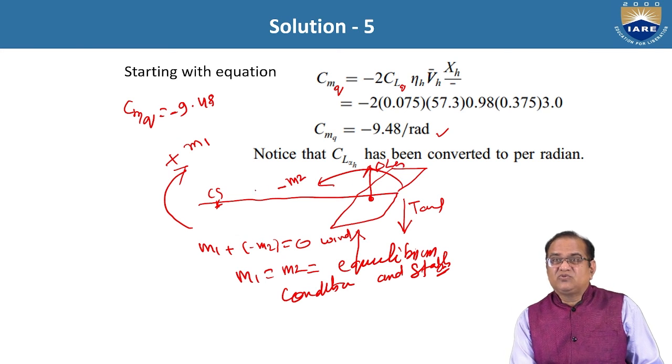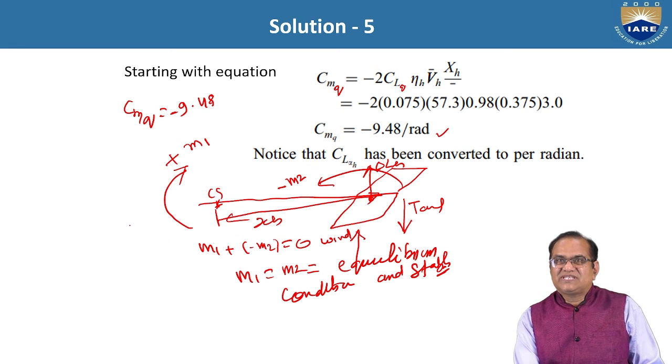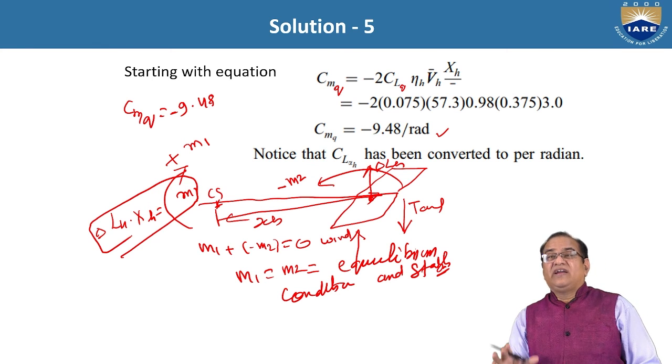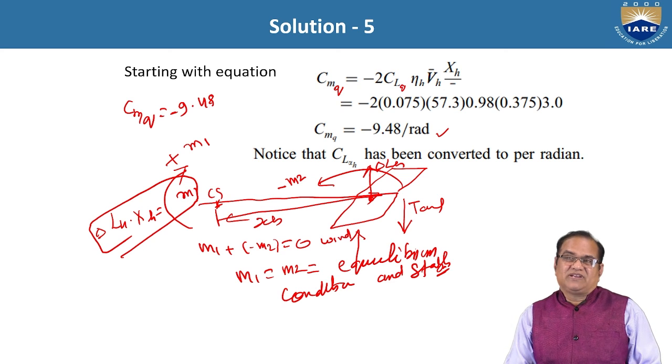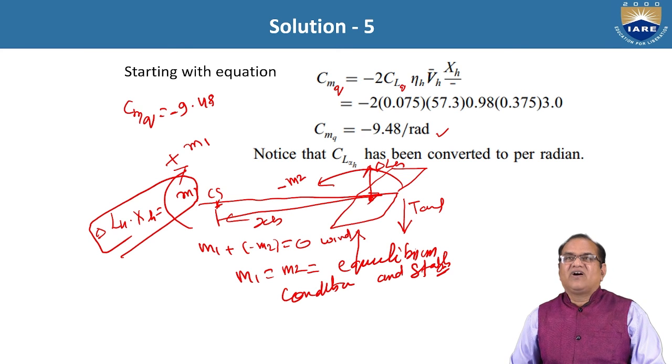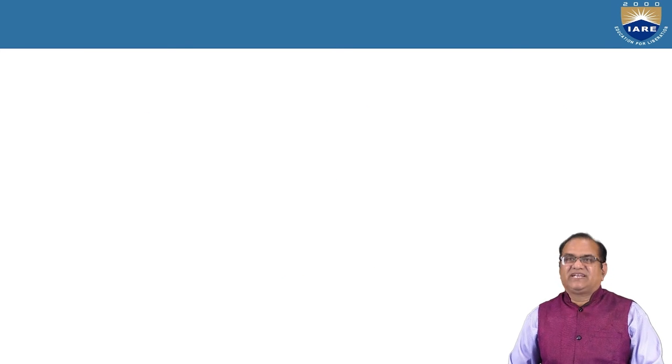This delta LH into this distance XH has to be countered by M1. Okay, and it is a very useful parameter for the dynamic stability. It is not only the static stability, these all parameters are handled for the static stability.